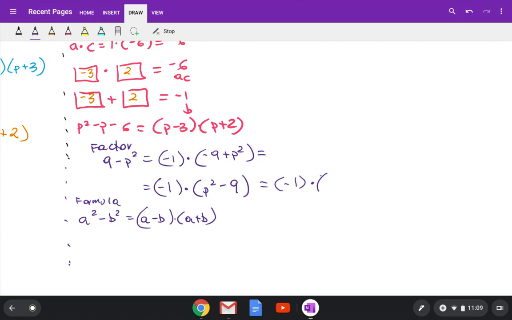But p squared minus 9, you can rewrite as p to a second power minus 3 to a second power. And now we can factor that using the formula a minus b times a plus b. So in our case it would be p minus 3 times p plus 3.